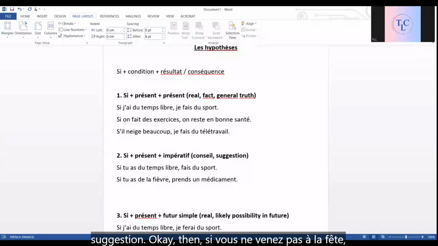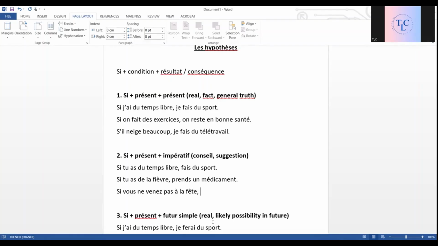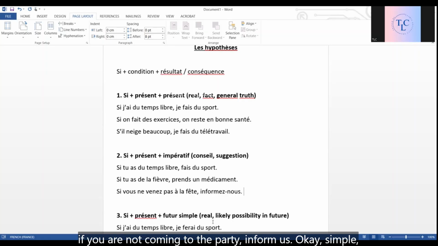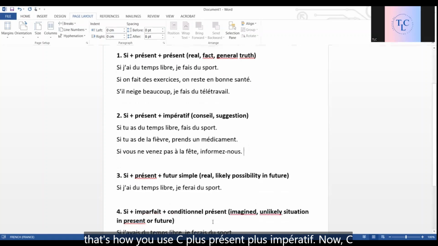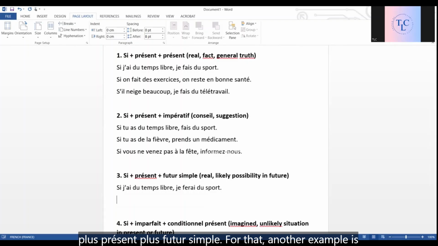Then, si vous ne venez pas à la fête, informez-nous. If you are not coming to the party, inform us. Simple. That's how you use si plus présent plus impératif. Now, si plus présent plus futur simple.